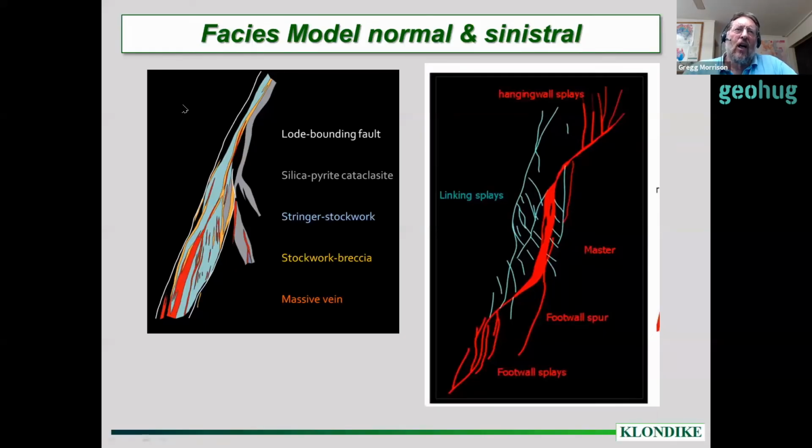What we realized when we were looking at the parts of it that were drilled out and mined is that you could map out different parts of the overall structure. So this part here is what we'd call a lode that includes a variety of deformed rocks, altered rocks, and veins, and different styles of veins.